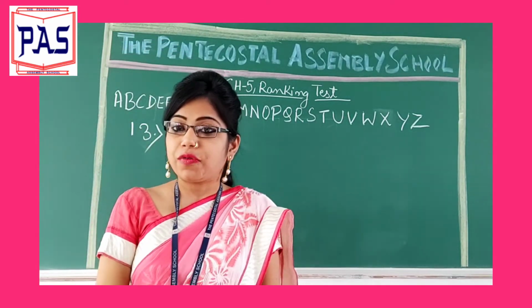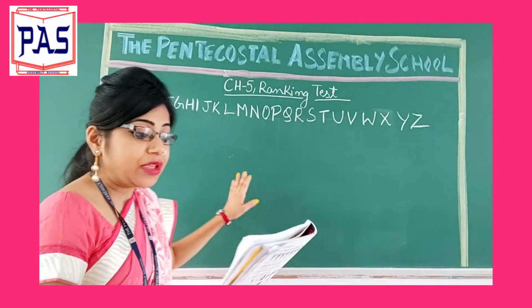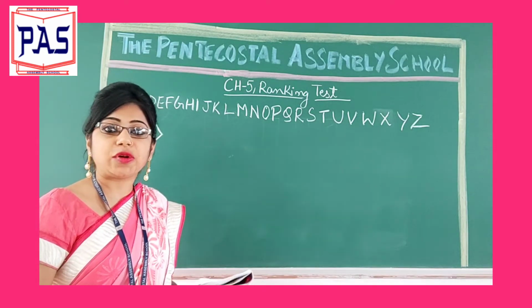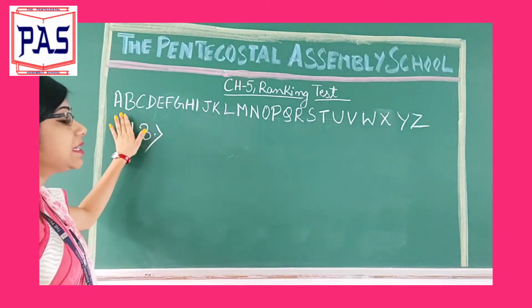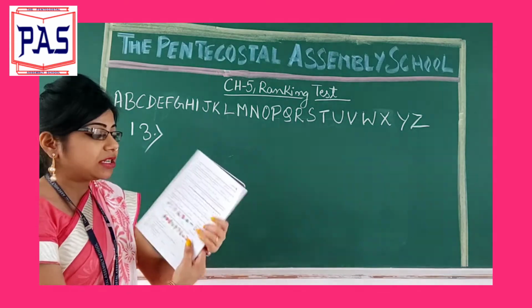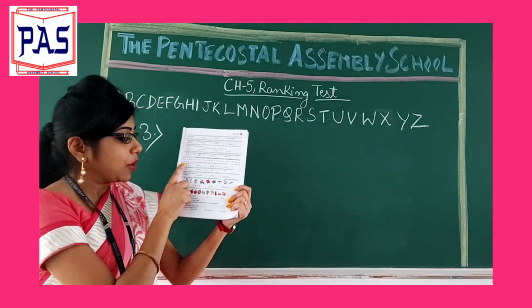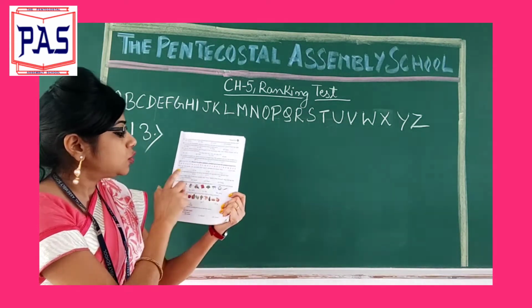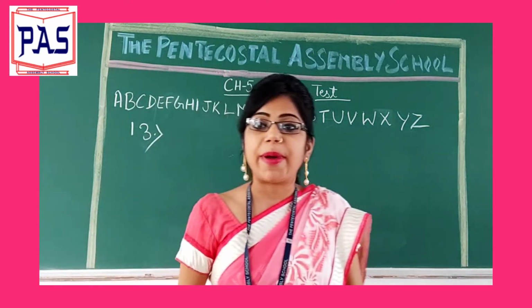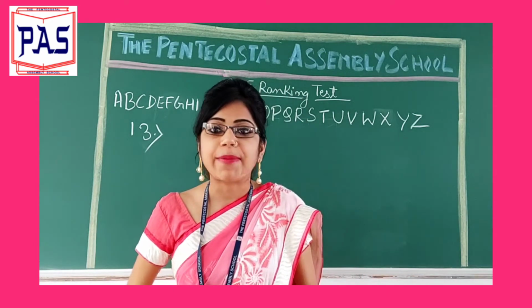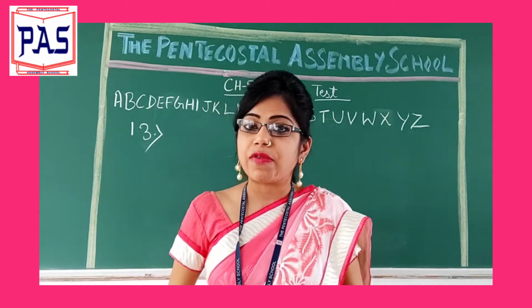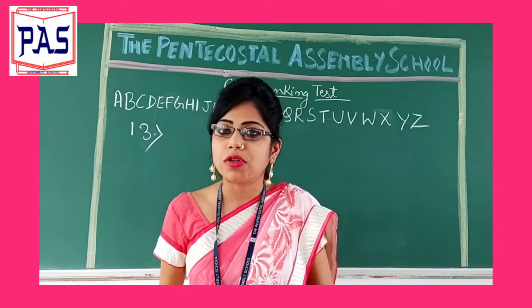Let us see question number 13. Observe the given alphabets carefully and answer the question based on it. Here on the board you can see that all the alphabets are written, just like in the book, A to Z. So we all know, children, that there are 26 alphabets, and 5 of them are vowels and 21 consonants.